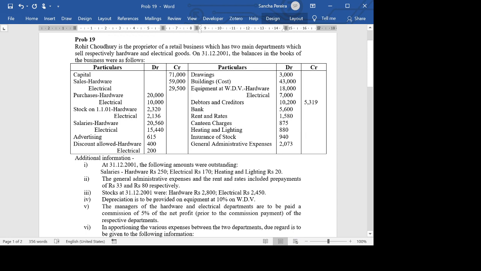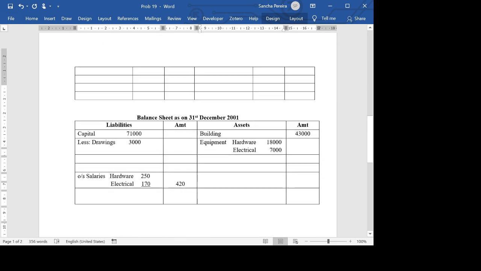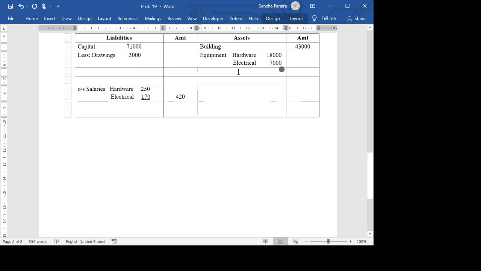Then we have debtors and creditors, 10,200 and 5,319. So debtors are on the asset side. Sundry debtors. Debtors are 10,200. And we also have the creditors.